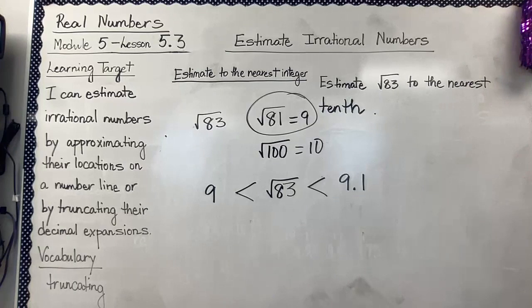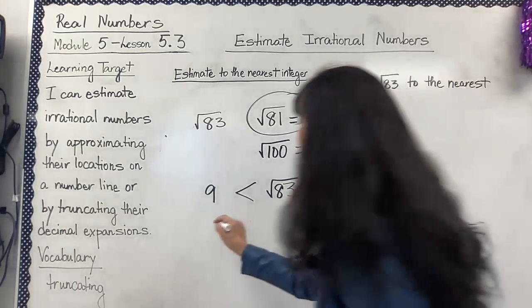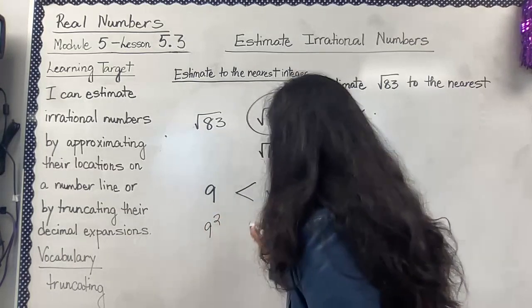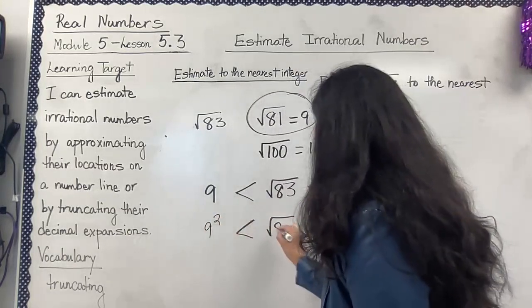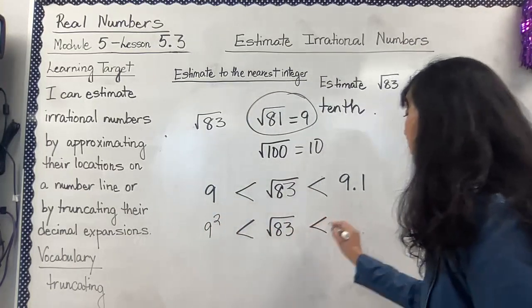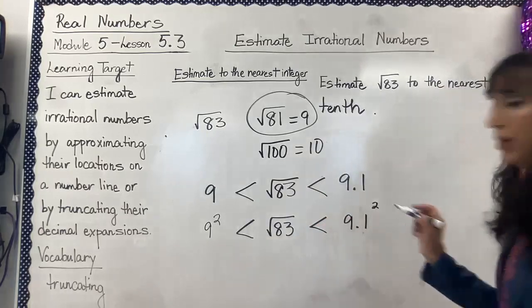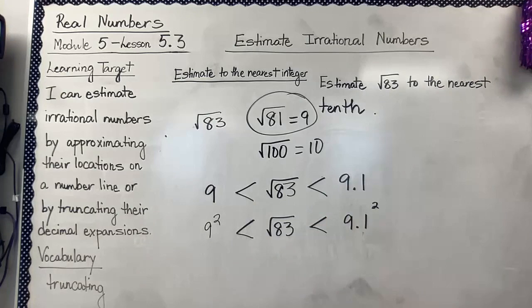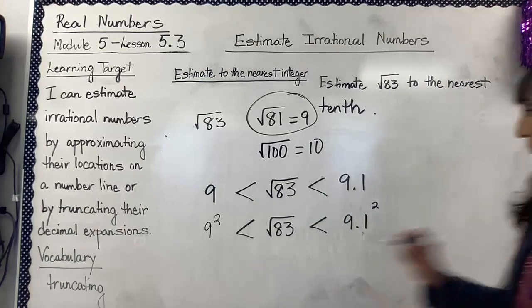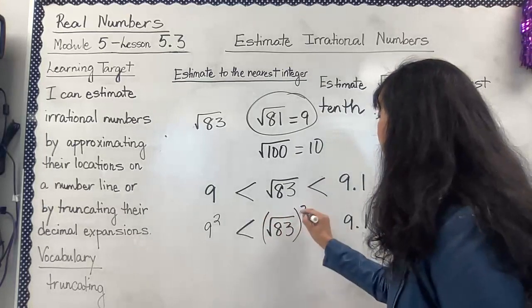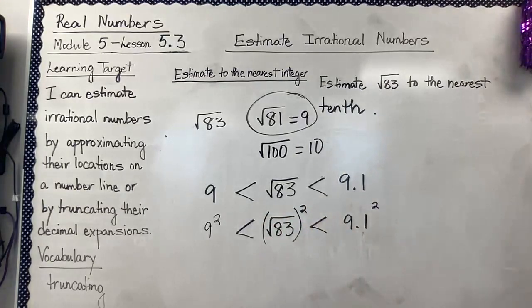We wrote this inequality, and now we are going to square the values. So we have 9 squared is less than the square root of 83, which is less than 9 and 1/10 squared. We are going to square all the values.